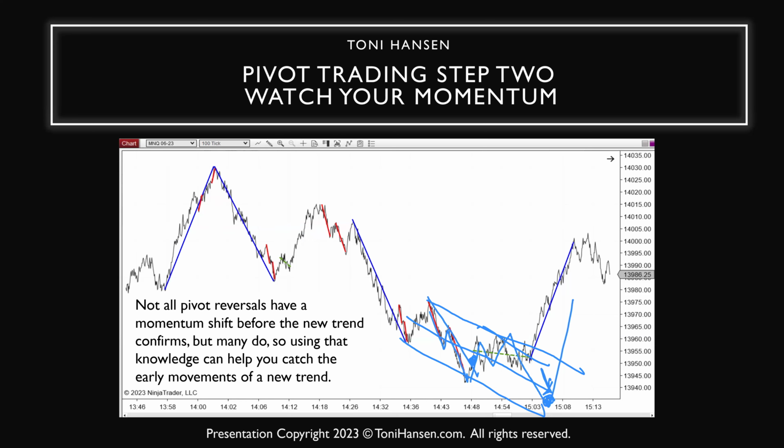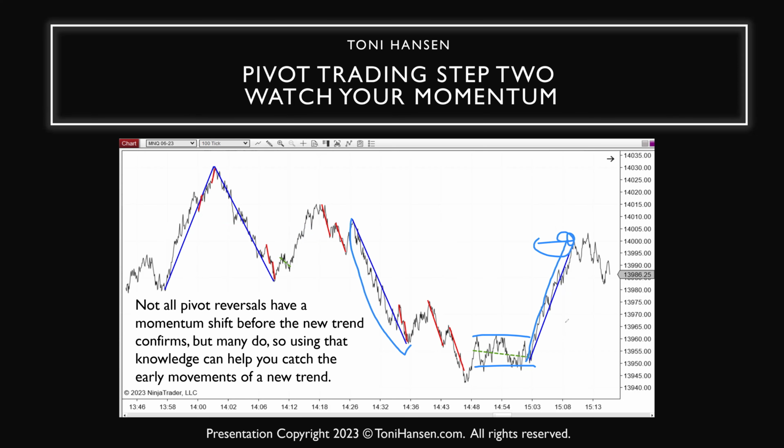So it's not just the two measured impulse moves that will totally end the trend. You've also got to look at things like the shifting of the momentum and watching for that to come into play. And that's where our little shift here comes in. And then the impulse move helps identify a target level to start to protect your profits on it.